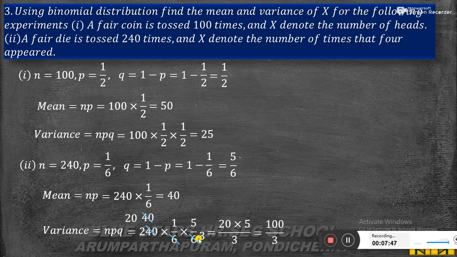Next, 3 twos are 6, so 3. From this I write 20 into 5 by 3. 20 into 5 means 100 by 3. So 100 by 3 is the variance answer. This is the answer for the second subdivision: mean equal to 40, variance equal to 100 by 3.